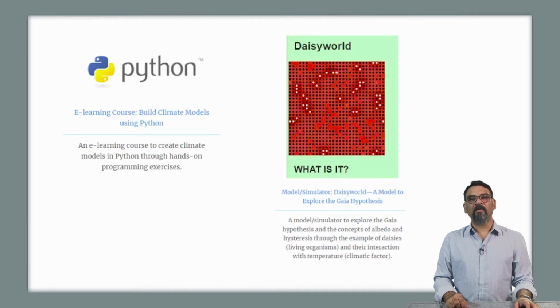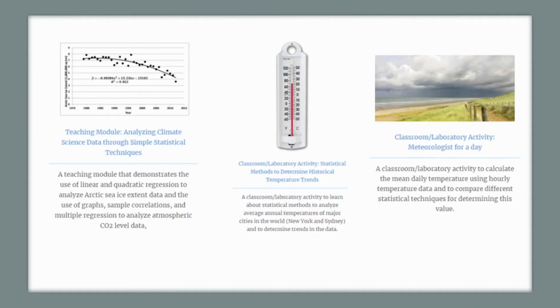Another model or simulator titled Daisyworld, and I'll explain more about this, the Gaia hypothesis, and your students can make a model based on this particular issue. An entire teaching module where you can analyze climate science data through simple statistical techniques. A classroom lab activity to determine past temperature records.